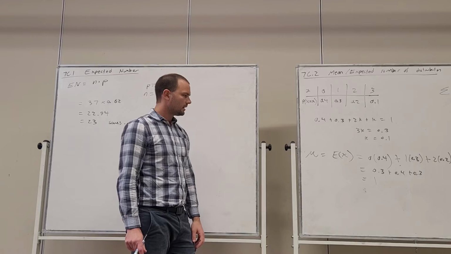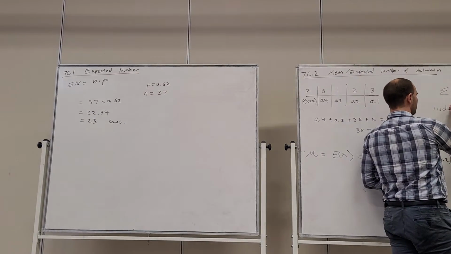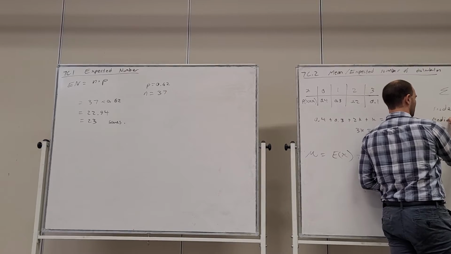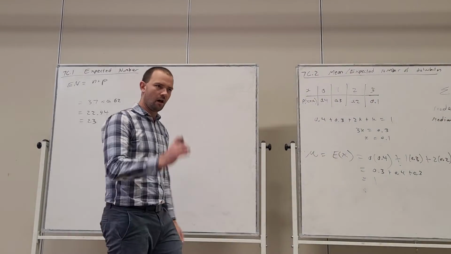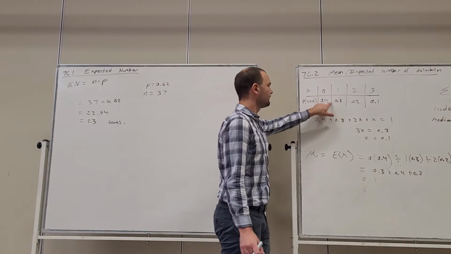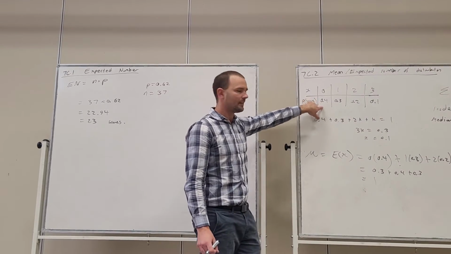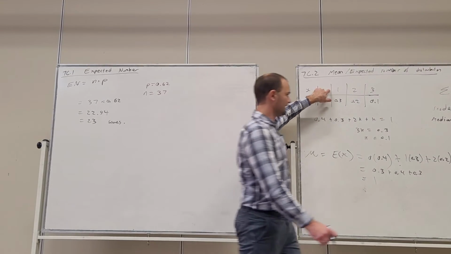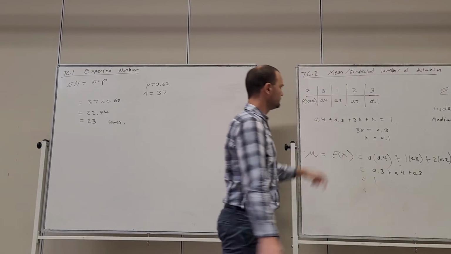Next, we're asked to find the mode and the median. Remember, the mode is the event that has the highest probability. So we look along here, what's the highest probability? 0.4 is the highest probability. What's the event that corresponds to 0.4? It is 0. So our mode is 0.